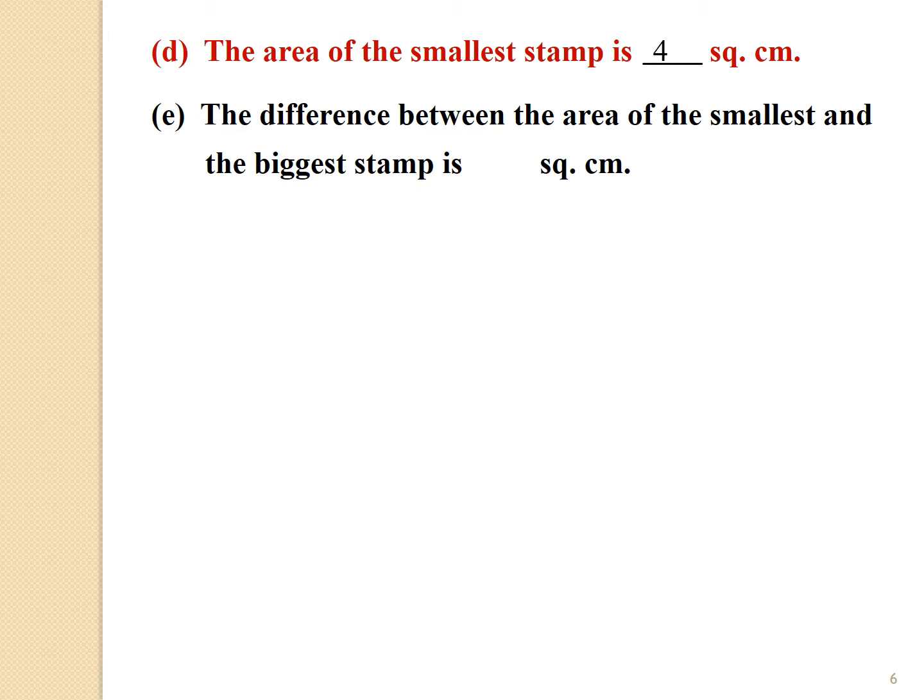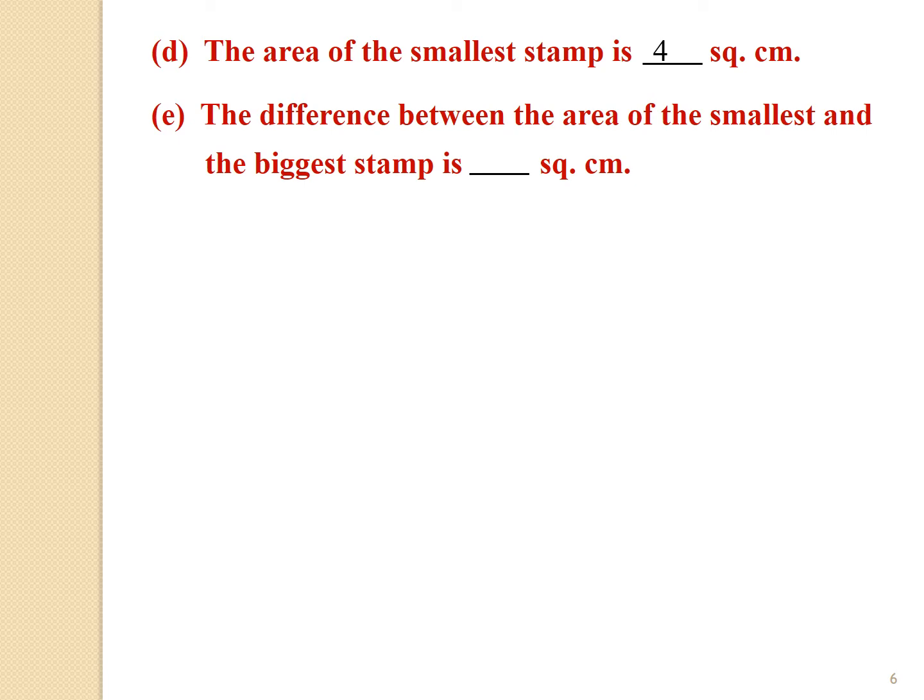Now, sum E. The difference between the area of the smallest and the biggest stamp is dash square centimeters. Students, we know that when the word difference is given, we always have to subtract.